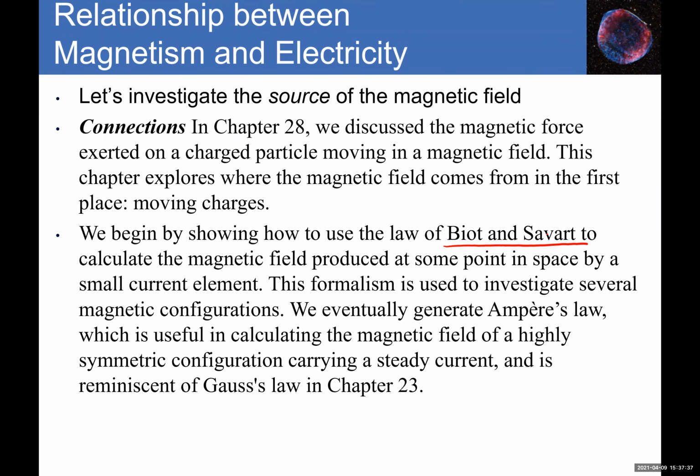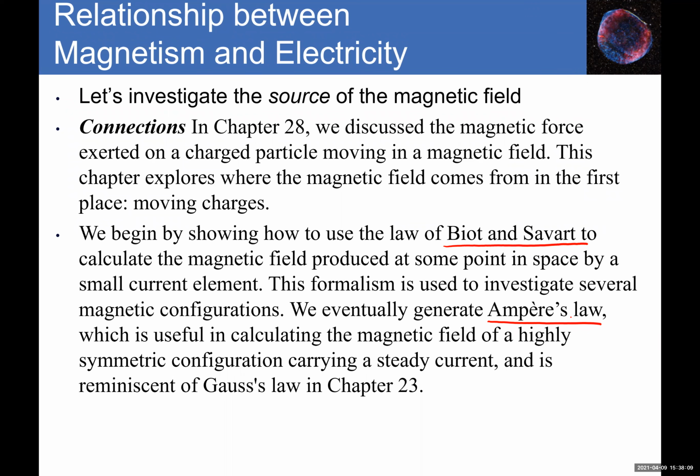Then we're going to talk about how, if some problems allow us to use symmetry to solve for the magnetic field, we can apply Ampere's law, which is analogous to Gauss's law. It allows us to use some kind of loop to find the conditions where the magnetic field is constant and uniform, and allows us to calculate the same thing that we could do with the Biot-Savart law, but with only a few steps.